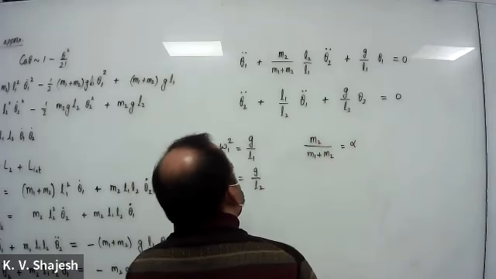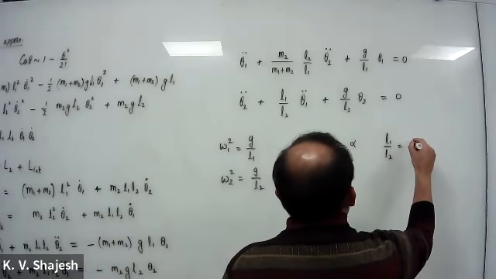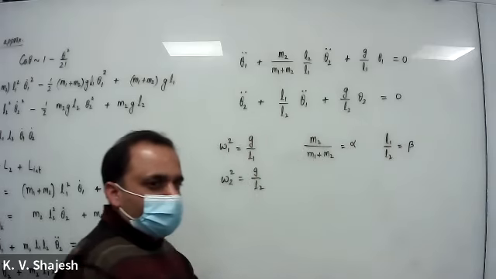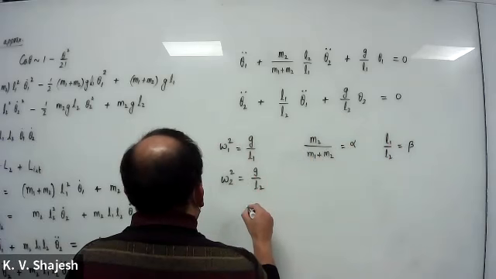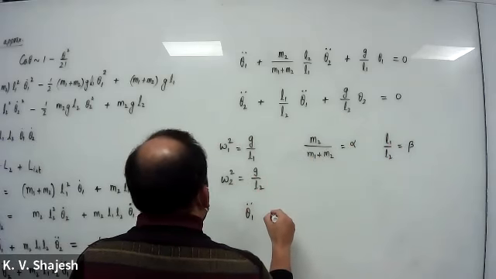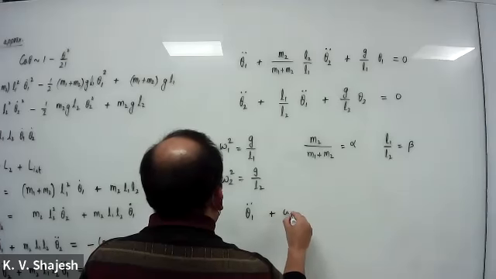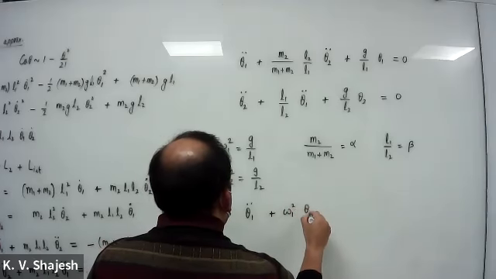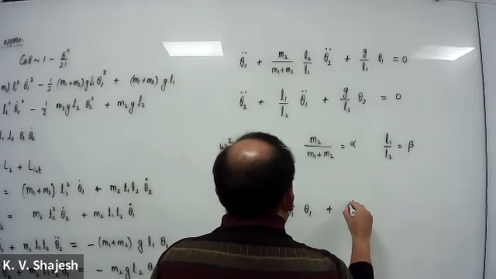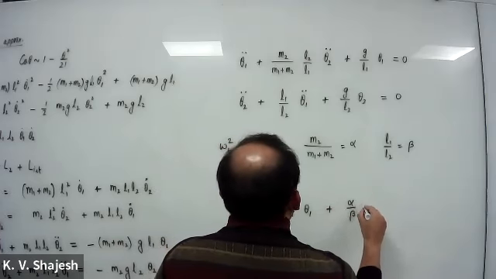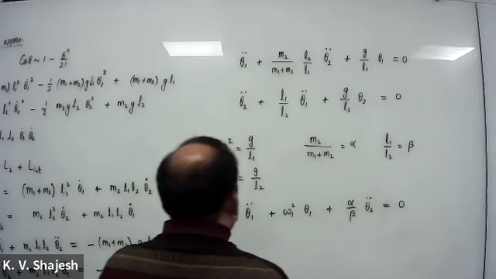And L1 over L2, I think this is what I call beta. Hopefully it will be either this or the other way. So then your equations become theta 1 double dot plus omega 1 square theta 1 plus alpha over beta theta 2 double dot equals 0.